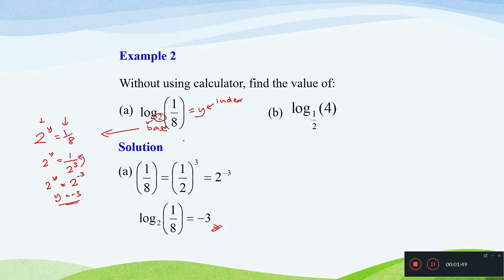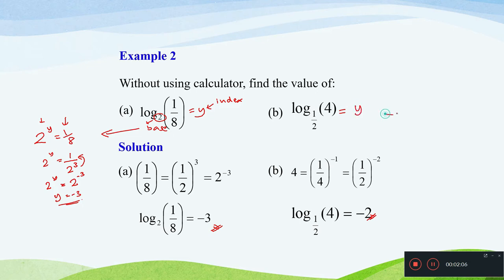Okay, so for the second example, you also do the same thing, but you can also solve it like this. If this is equal to y, you do the same thing, change from log to index form. This is the base, start with the base and then write the power here and it's equal to 4.